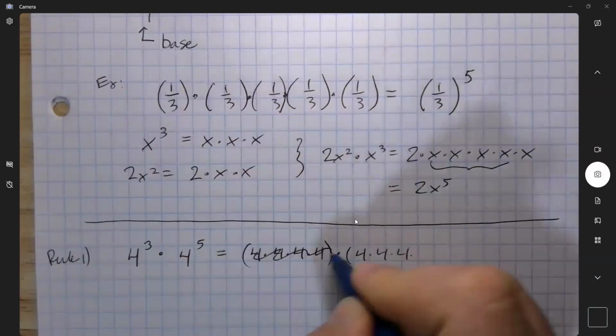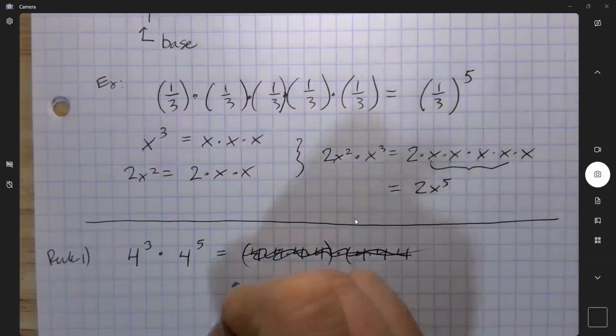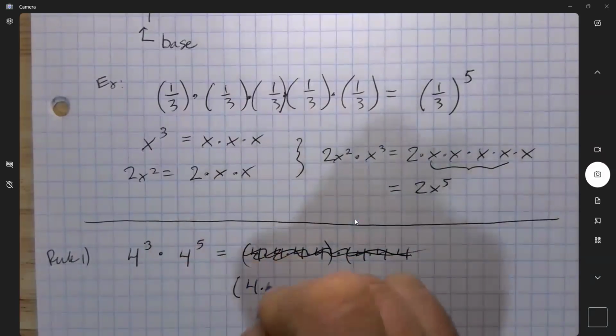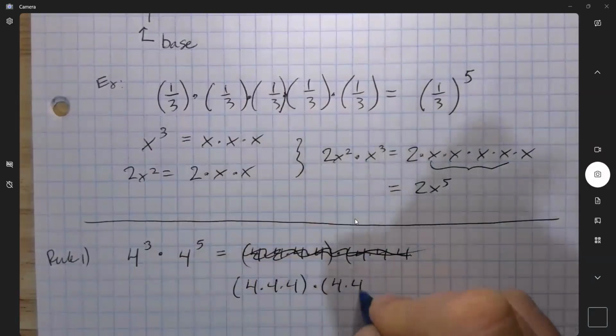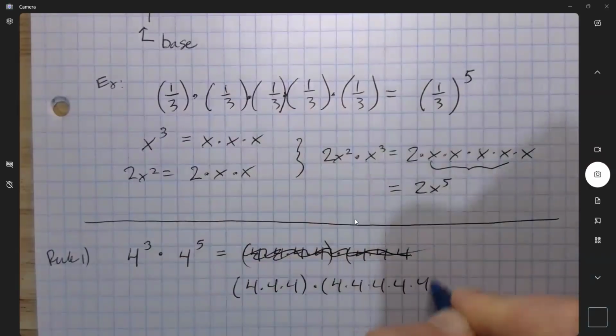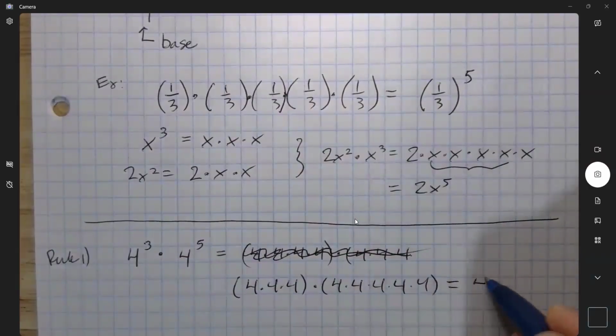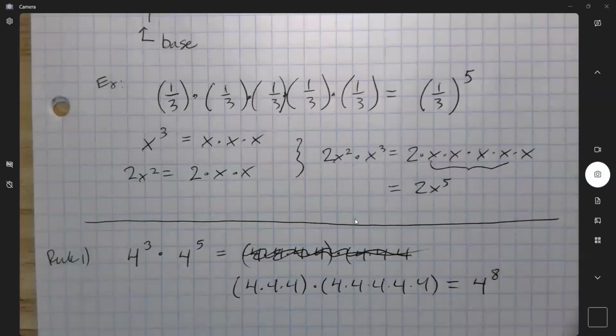Let me try again. 4 to the third is 4 times itself 3 times, and 4 to the fifth is 4 times itself 5 times. All of these are multiplication, and I have 8 in total. And 8 is exactly what you get when you add the two powers.